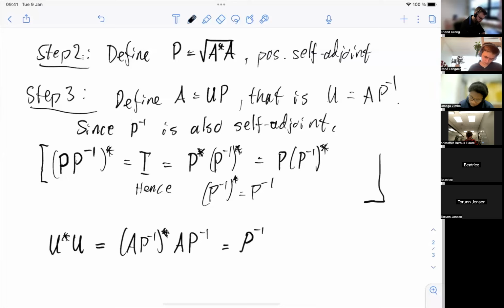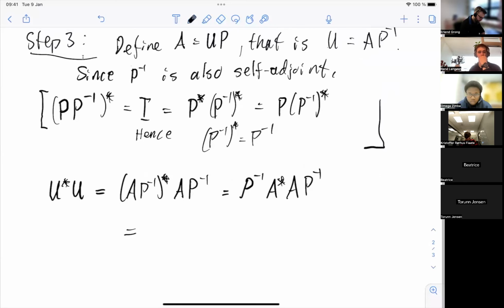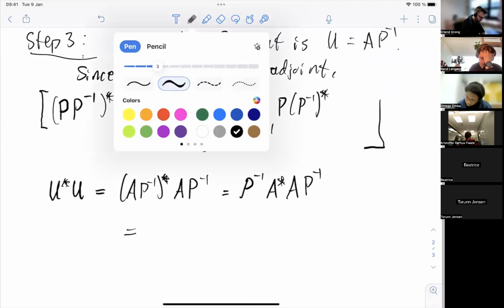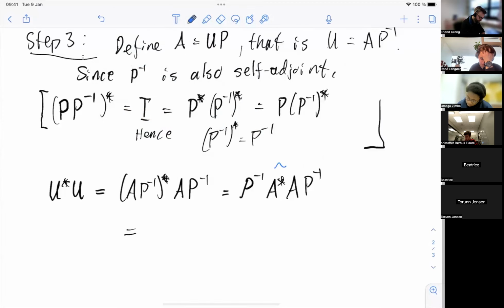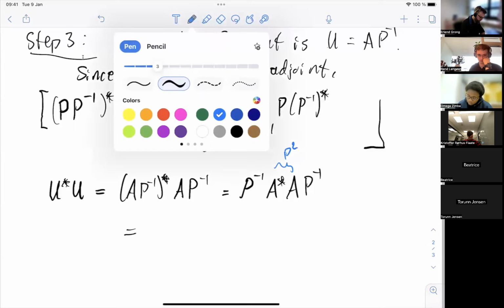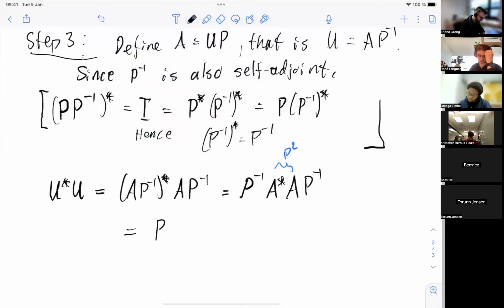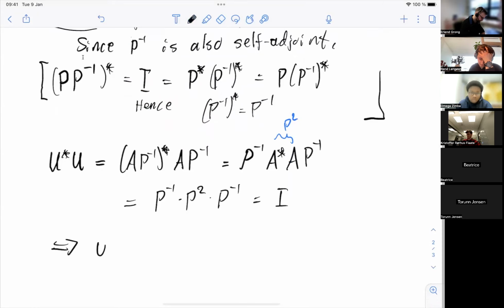So I get P star inverse star, which is just P star inverse, and then A star A P inverse. But A star A was just P square. So this is P inverse times P square times P inverse, which is the identity. So that means that U has to be a unitary matrix.